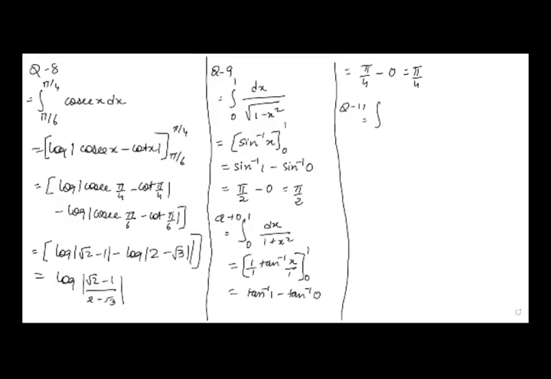11th question. 2 to 3 dx upon x square minus 1. So this is of the form x square minus a square, whose answer is 1 by 2a log mod x minus a upon x plus a.